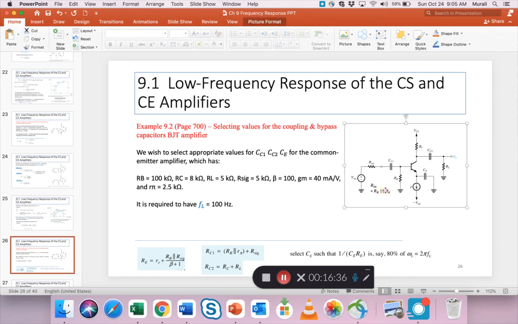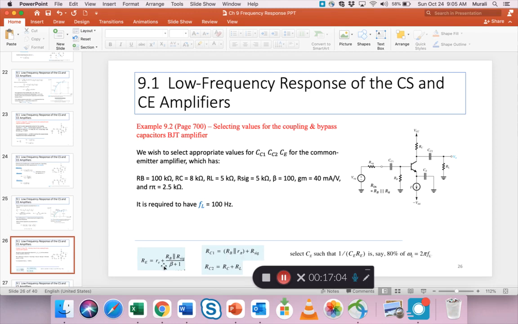Actually, this should be small r pi. Sorry, it should be RB in parallel with R signal. I'll correct that later. Okay, so you have a little more data that is required if you're given a BJT, because it has beta and stuff like that in the formulas.